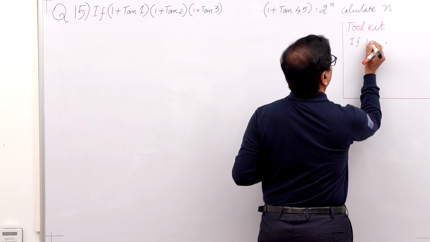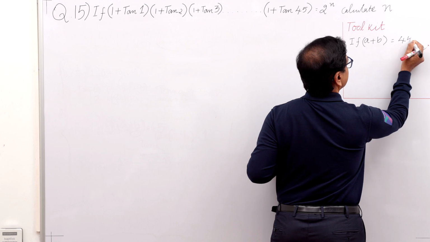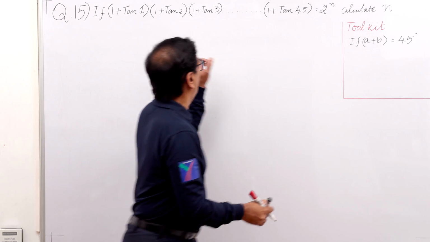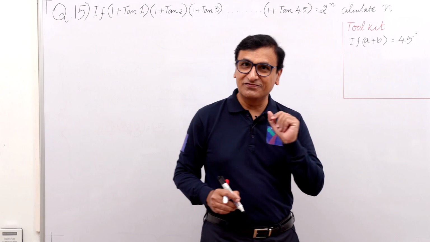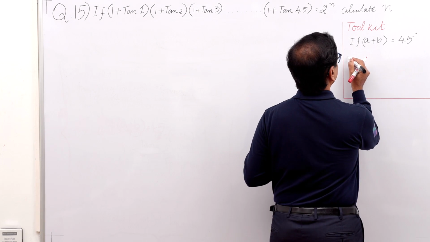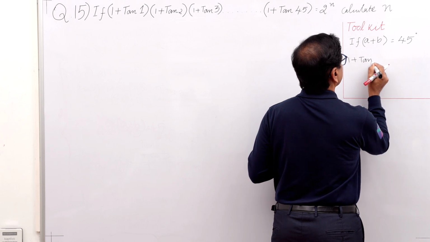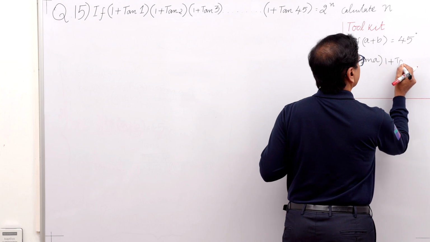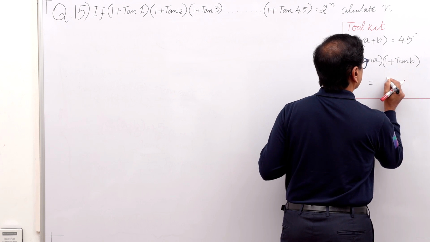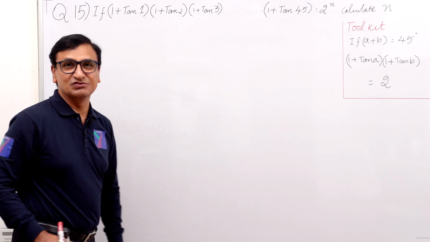If a + b equals 45 degrees, remember all these numbers are in degrees for a change, then (1 + tan a) multiplied by (1 + tan b) equals 2. So we need to prove this before we start the solution.